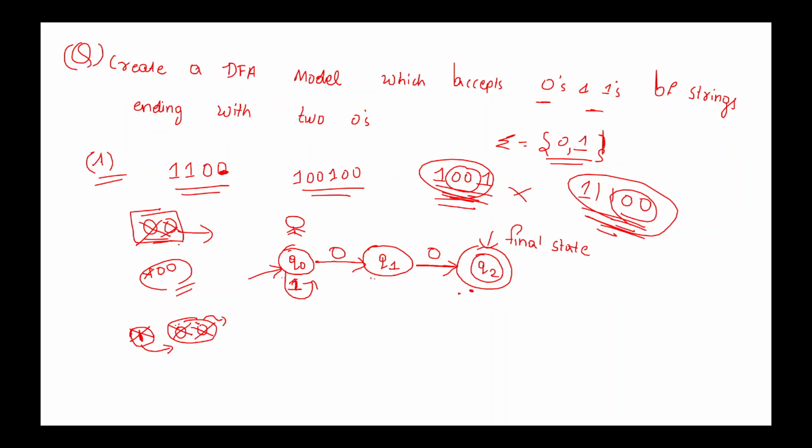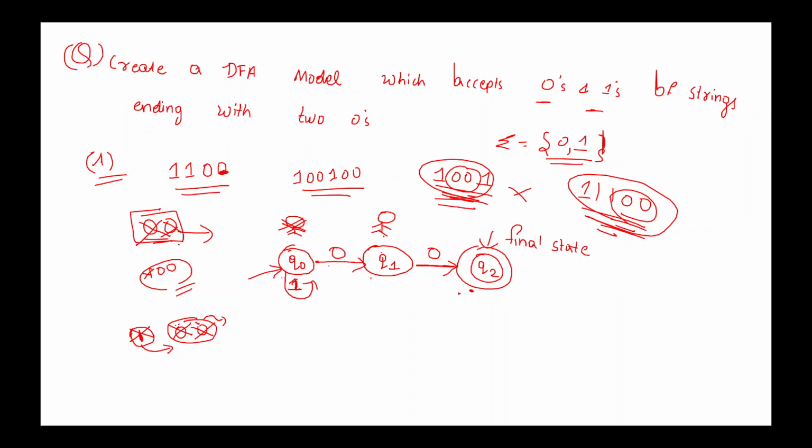Now let us try to define 1 for q1 because 0 is already defined. For now, you need to stand at q1. But in order to reach q1, what must be the first input symbol? Because q0 is the first state which is going to receive the input, and from q0 we need to reach q1, right?